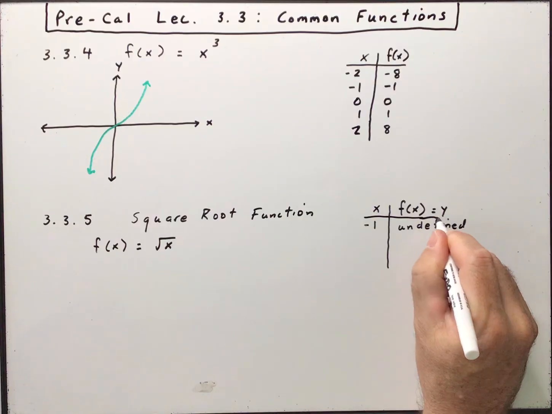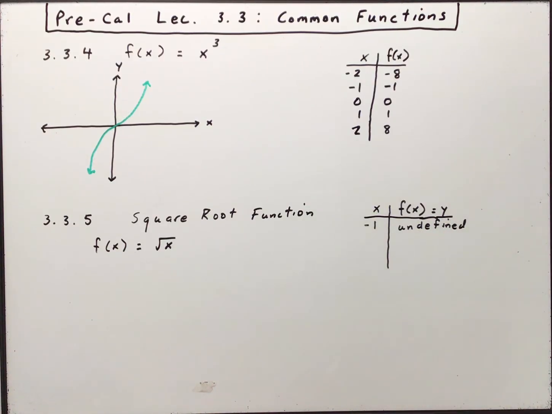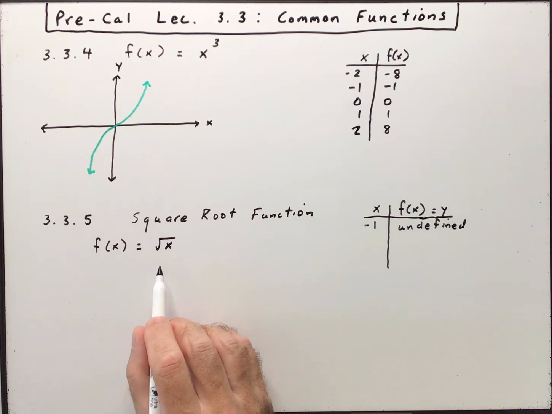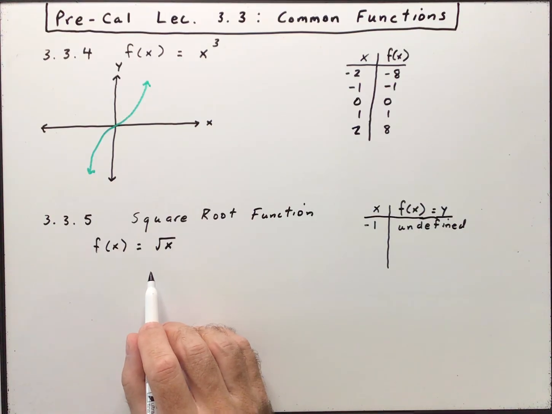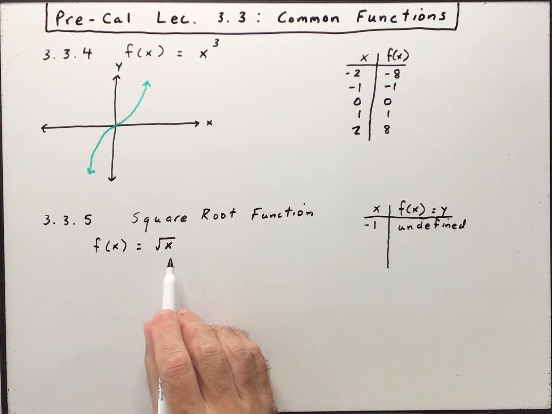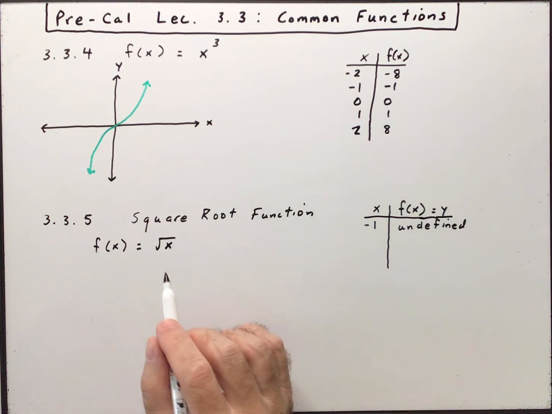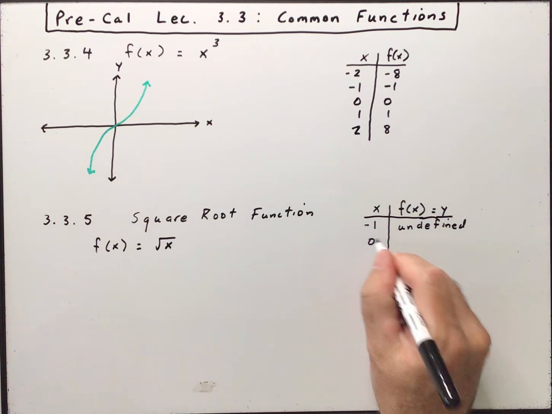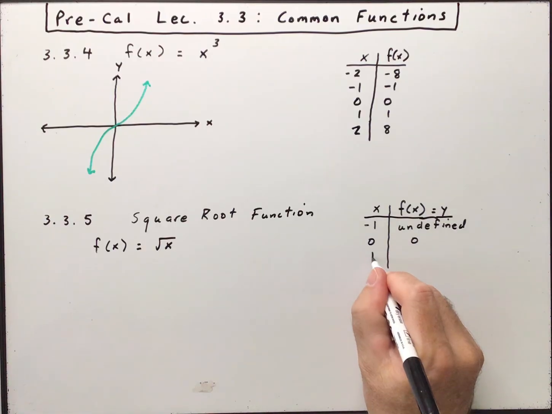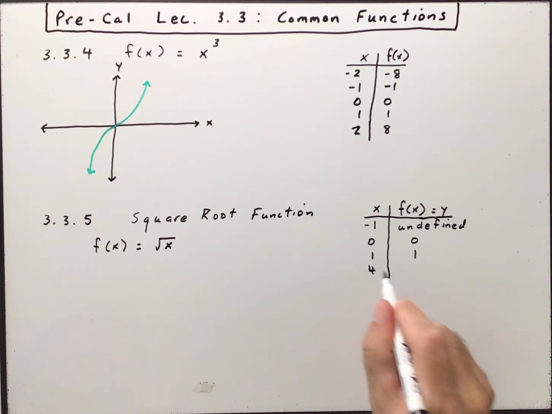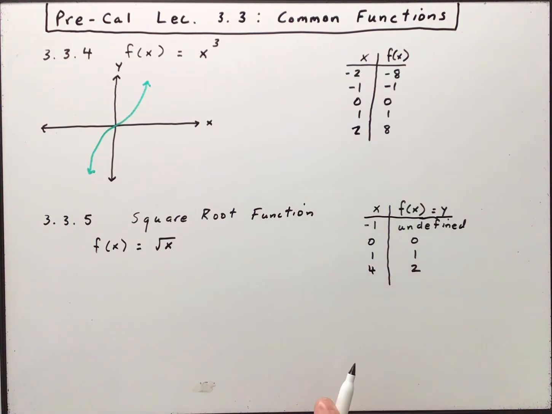All right, now I know we have complex numbers, but complex numbers are just a tool to deal with undefined. It's helpful in certain branches of science to be able to take the square root of a negative, but we are not going to be graphing it here. So the square root of 0 is 0, the square root of 1 is 1, the square root of 4 is 2.